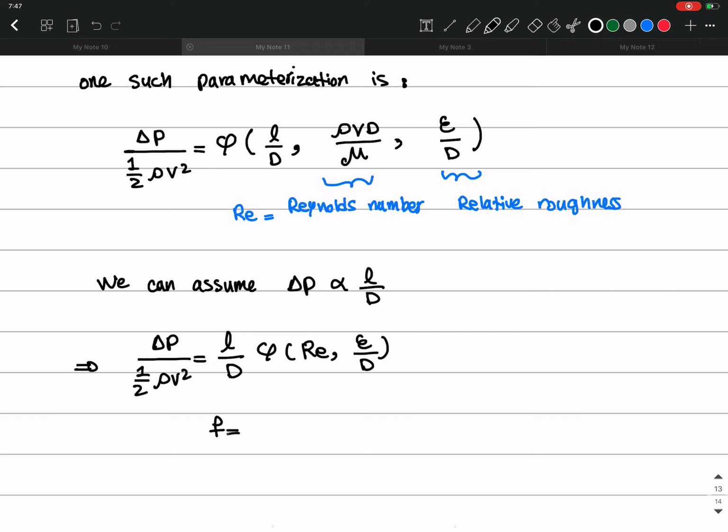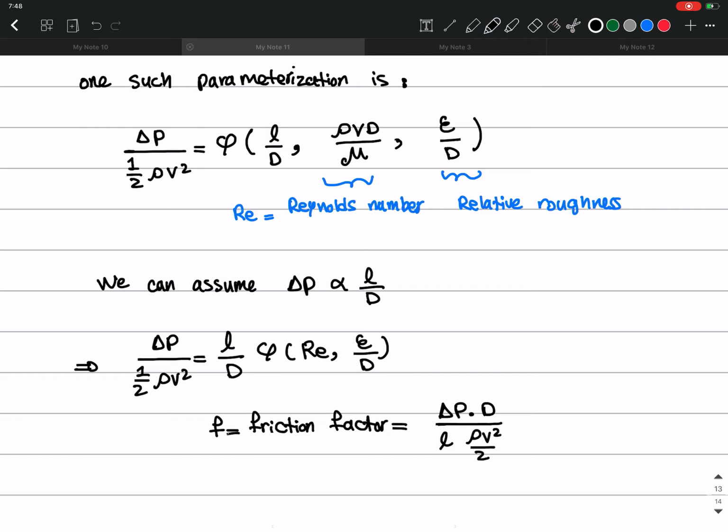F, I name it the friction factor, which is delta P times D over L, over rho V square over 2.